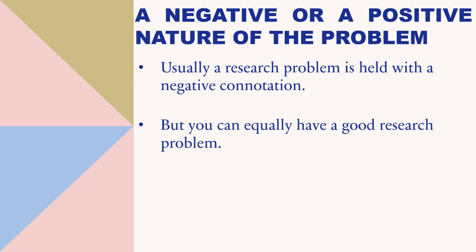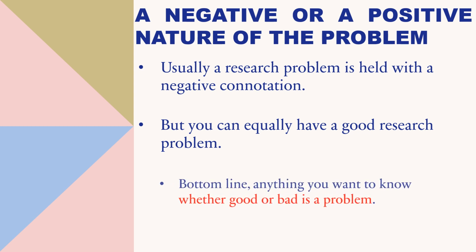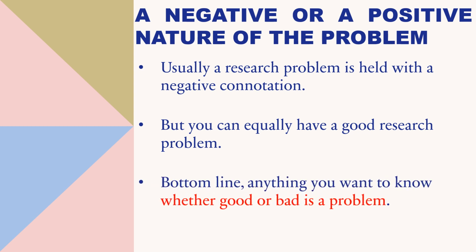But both situations are actually problems in the context of research, because you need to find out why. In one instance, the performance is very good, and in another instance, the performance is not good. So that's why it is important that at the bottom line, you should know that anything you want to know, whether good or bad, is a problem.